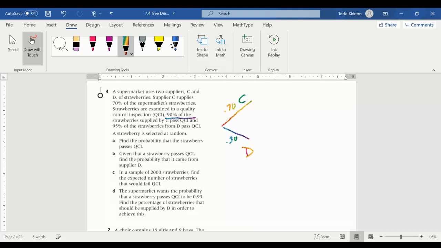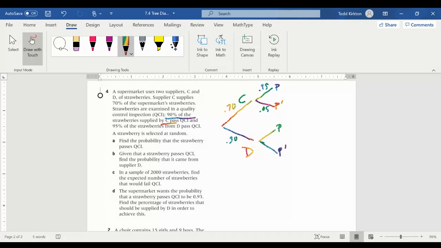So 90% of the strawberries supplied by C pass. So you either pass inspection or you don't pass. And you can note that any way you want to. That just means not pass. And so 95% pass, that means 5% do not.